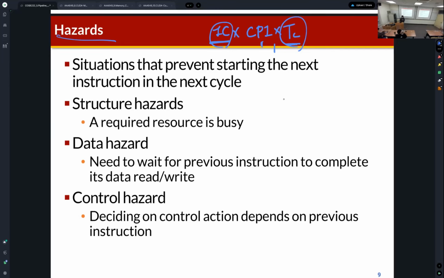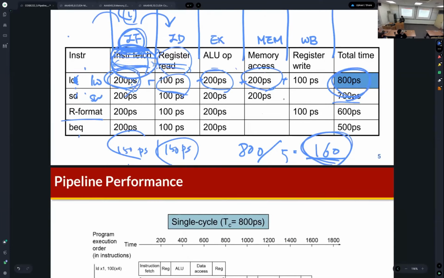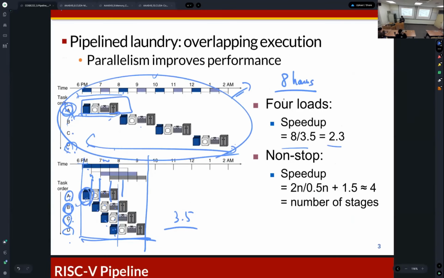Think about the single cycle processor design. The single cycle processor receives the instruction, and during 1 clock period it completes the execution of the instruction.